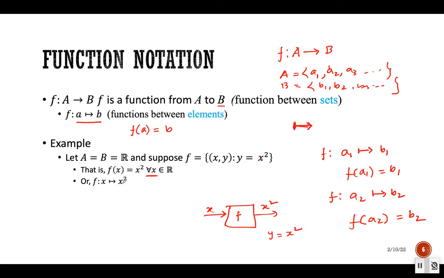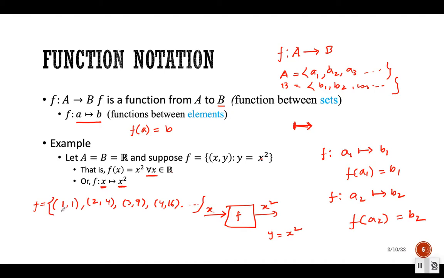Okay, and when we are going to do the mapping between elements, it will look like that. If the element is x, then this element will be x square. Okay, if the element is x, that will map to the element x square. So this f is going to look like 1 to 1, 2 to 4, 3 to 9, 4 to 16, like that.